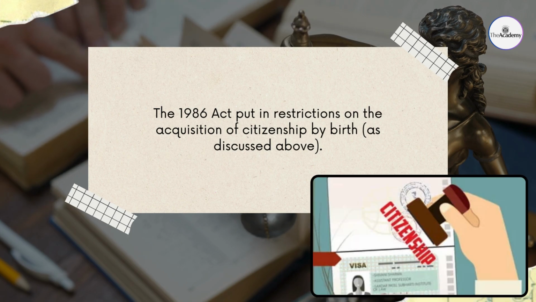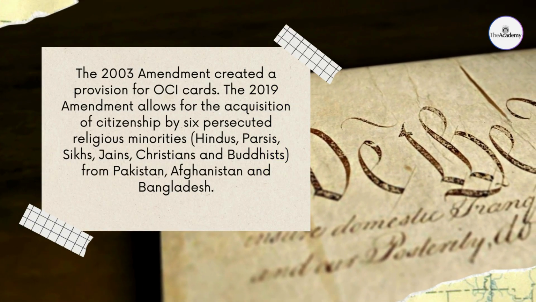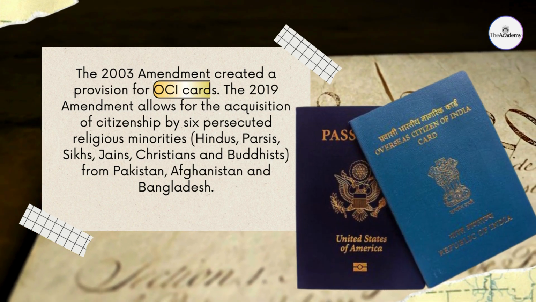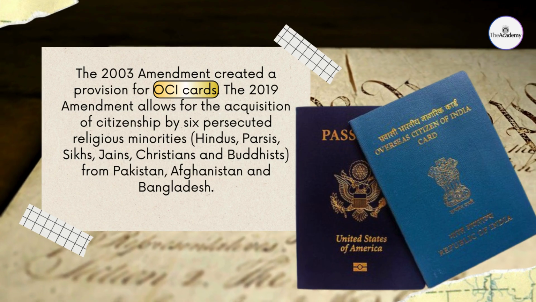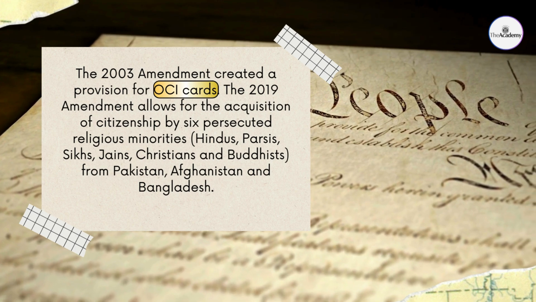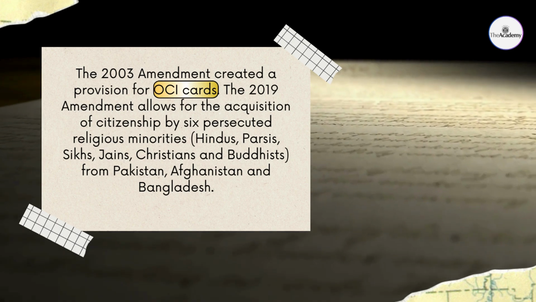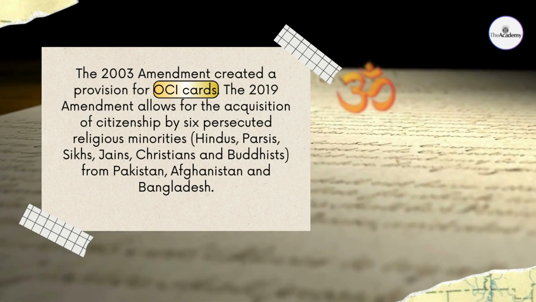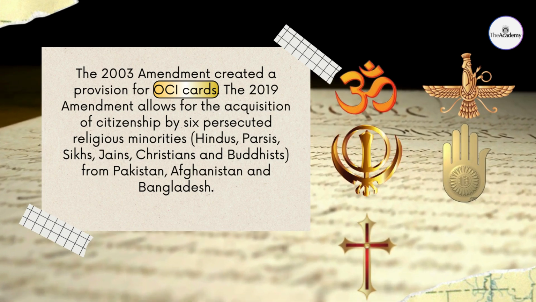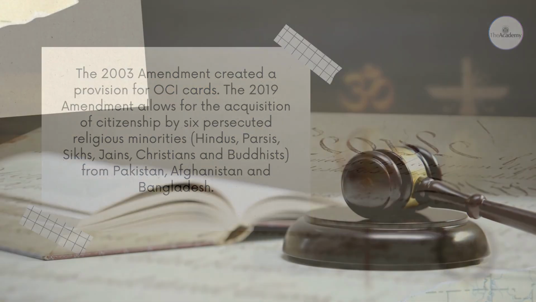Now this we have discussed extensively. The 2003 amendment created provision for the overseas citizen of India that led to OCI cards. And then the 2019 amendment allows for the acquisition of citizenship by 6 persecuted religious minorities: Hindus, Parsis, Sikhs, Jains, Christians and Buddhists from Pakistan, Afghanistan and Bangladesh.